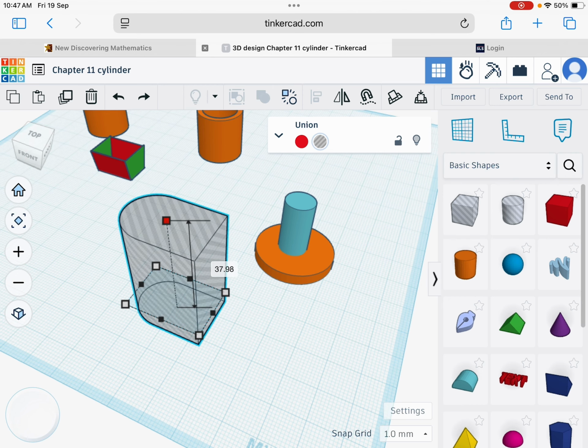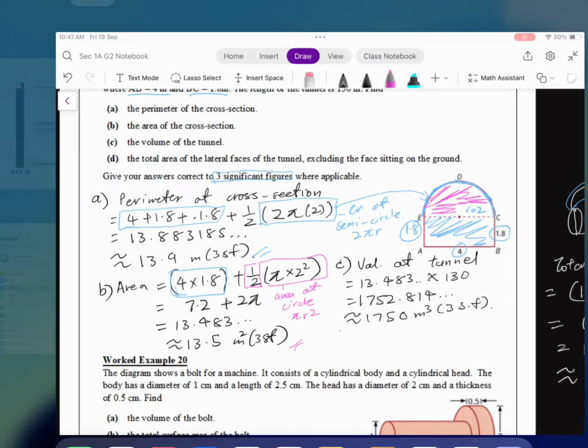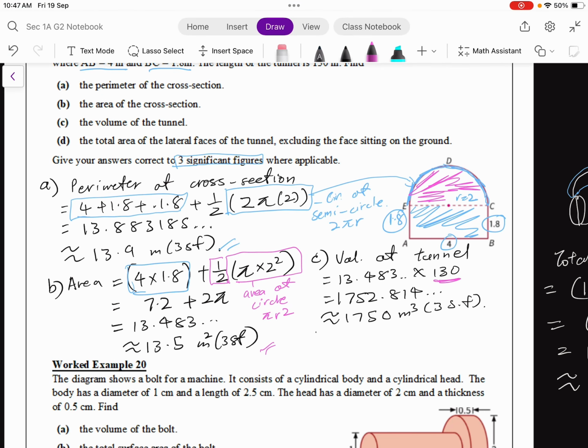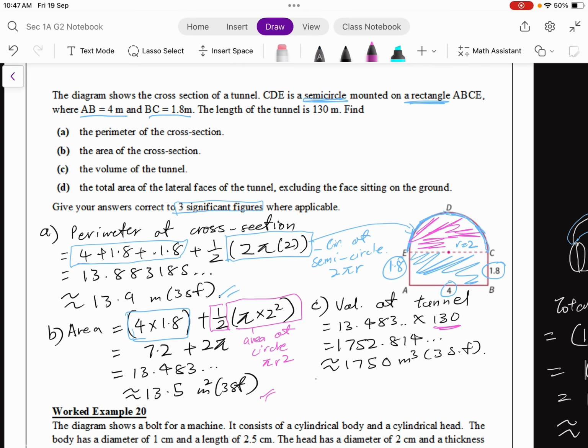So I just need to multiply by the length of the tunnel, because the tunnel is 130 meters.